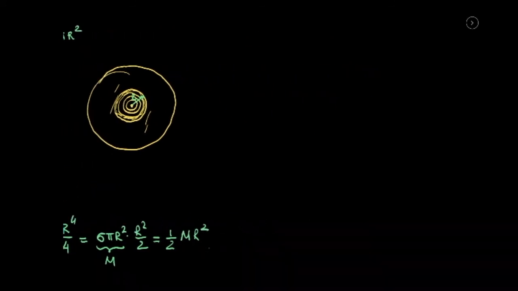So now we are going to look at some problems. The first problem: a 25 kilogram child, the mass of the child is equal to 25 kilograms, stands at a distance r, which is equal to 1 meter from the axis of a rotating merry-go-round.